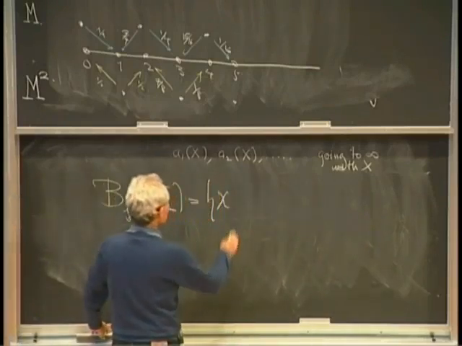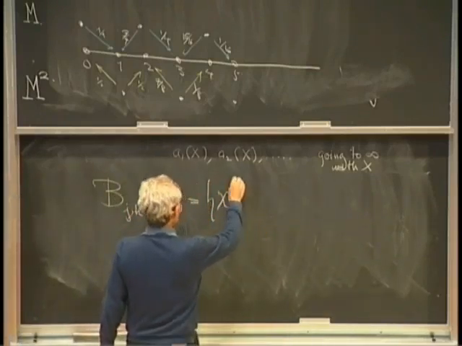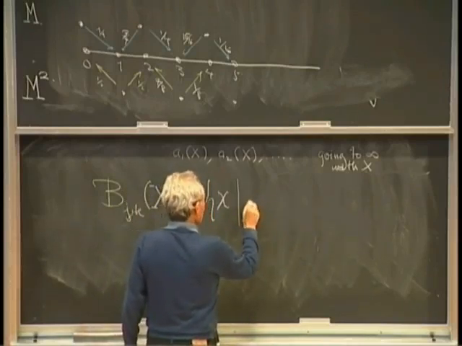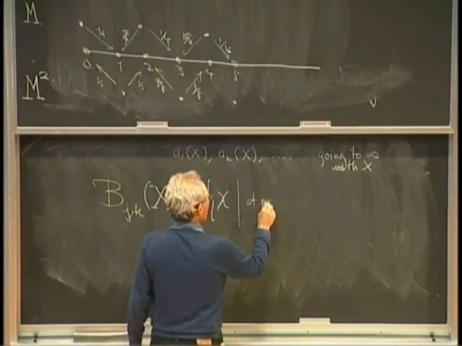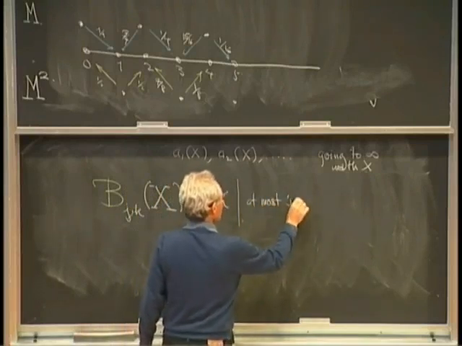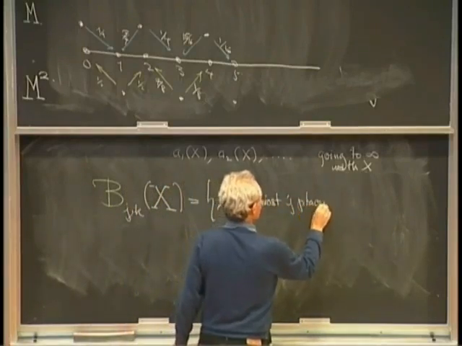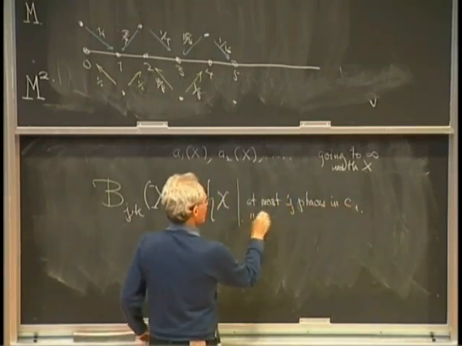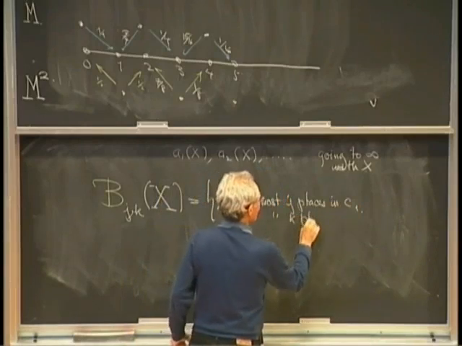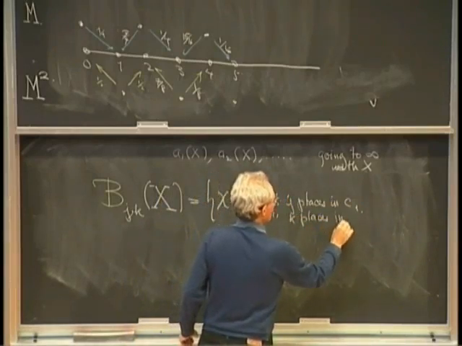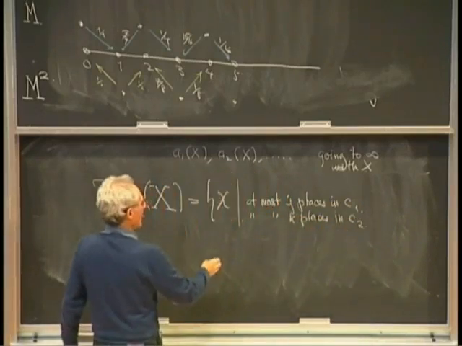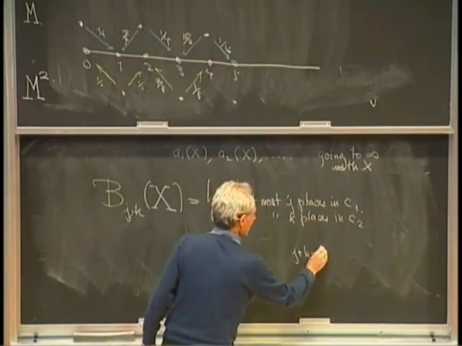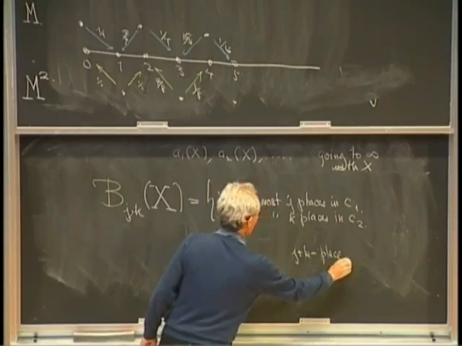And we consider those chi's such that there are at most j places in C1, at most k places in C2. And for these j plus k places, you can order them any way you want.